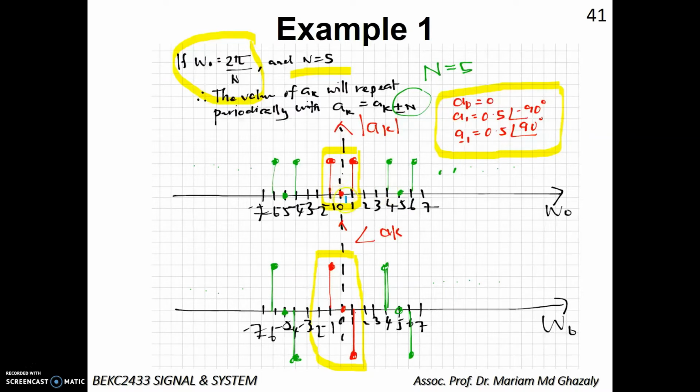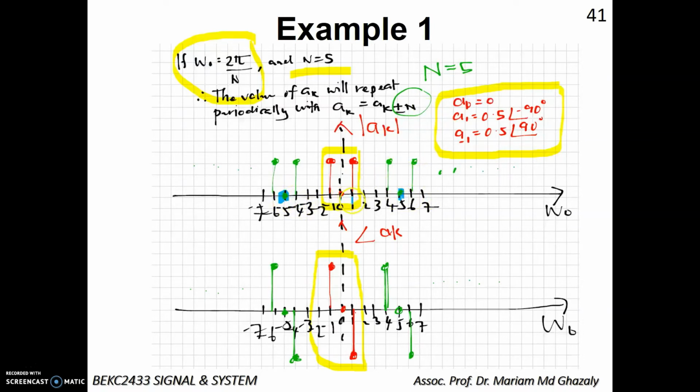So we have here plus 5: 1, 2, 3, 4, 5. So we have the value at 0 here. And also delayed by 5: 1, 2, 3, 4, 5. So that's why at 5 and minus 5 the value is 0.